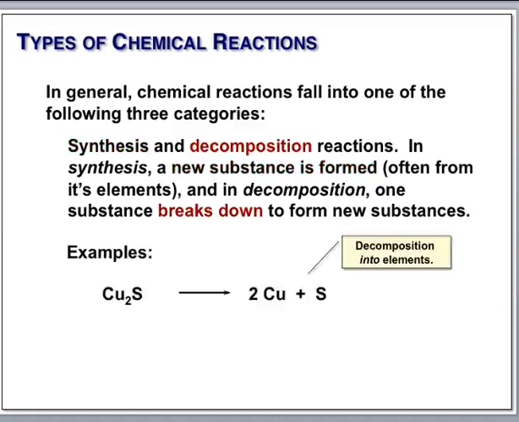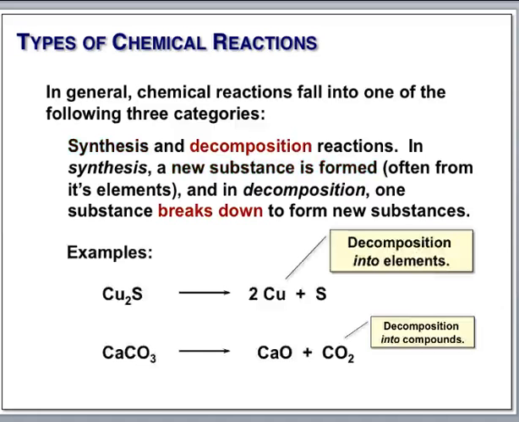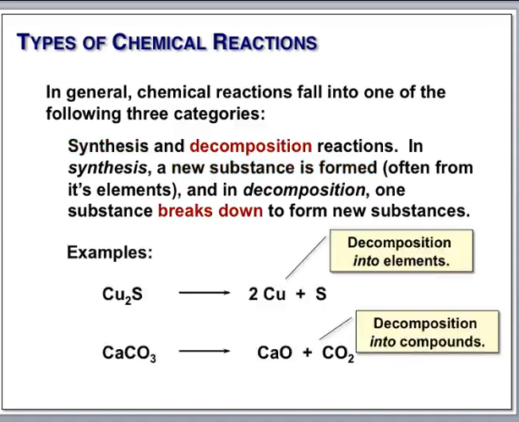Decomposition, we go backwards. We start off with something, typically 1 thing on this side, and we're going to break down into something else. Here we're going from a compound to elements, compound to compound. You could go from a compound to elements plus a compound. Same sort of thing, pretty much just the opposite of our synthesis reaction.